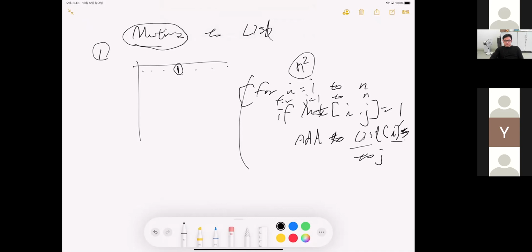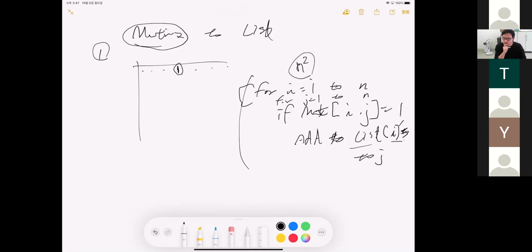I think I can make it faster. And Taejun? I don't think mine is better than that, so I was still working on it actually. Okay. Anyone else? Nobody?